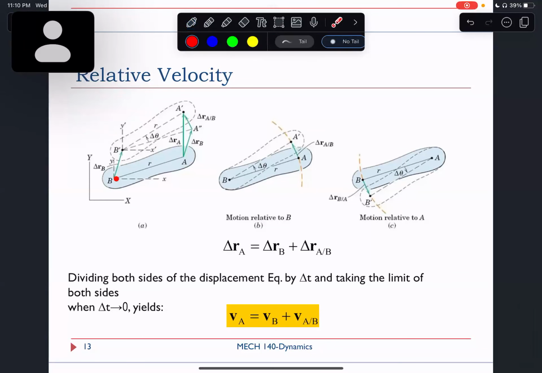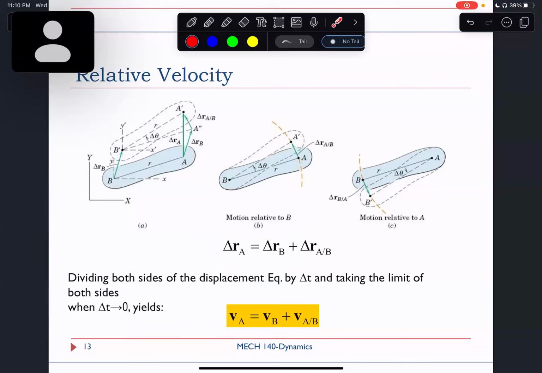So here on the left, you have a body and there's a line AB on it, right? And this is moving and rotating in space, okay? Now, the idea is that if I look at point A relative to B, if the observer is sitting on B, then it sees that point A is going through a circular motion.